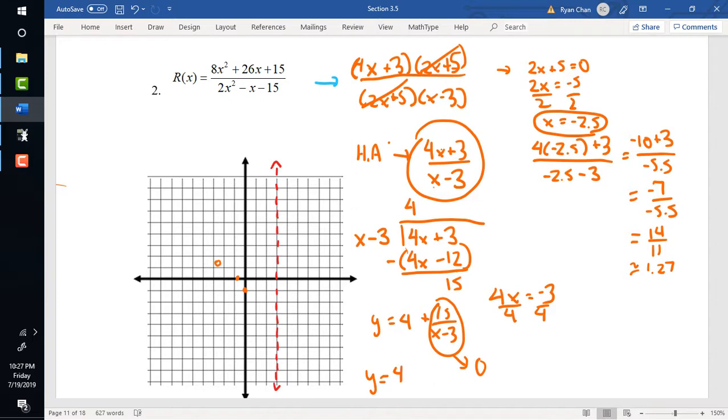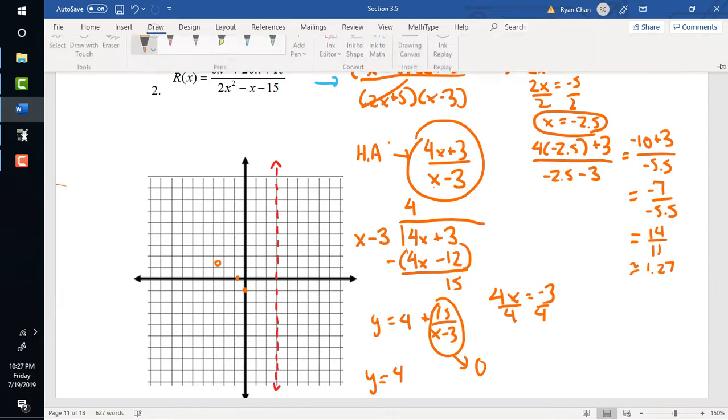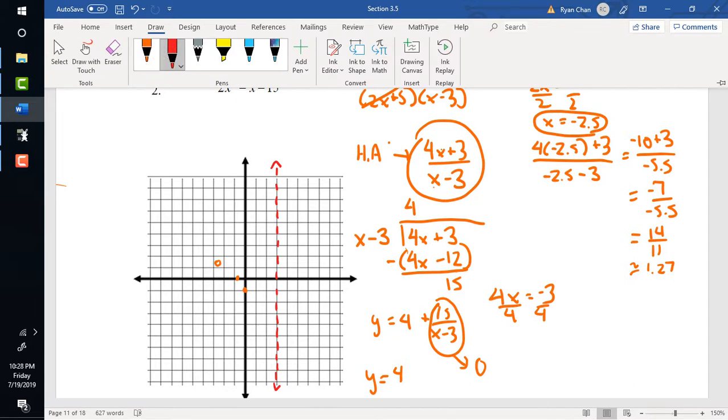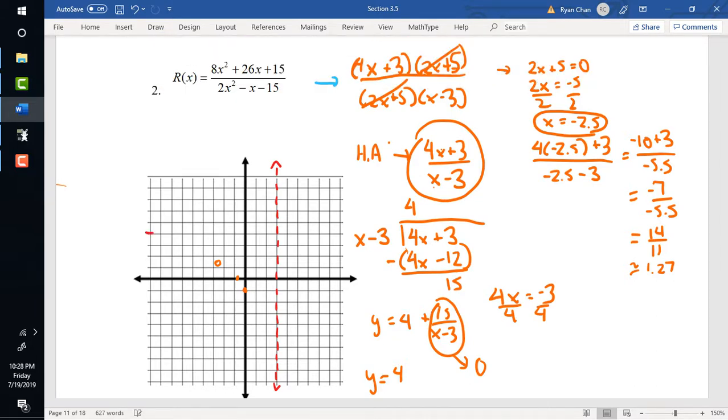So at 1, 2, 3, 4. Let me use a different color. Sorry, different color. So I have y is equal to 4 as a horizontal asymptote, and then I have x is equal to 3 as a vertical asymptote. Okay.